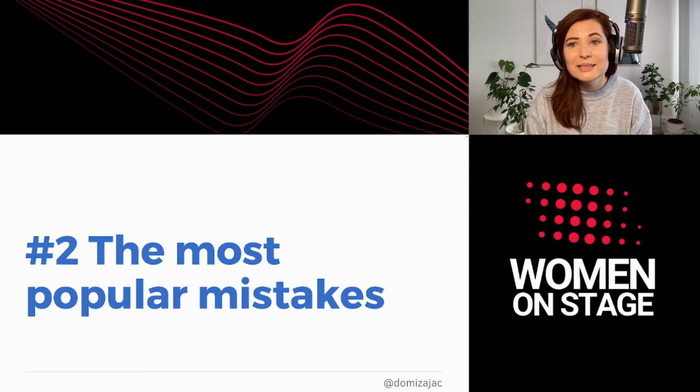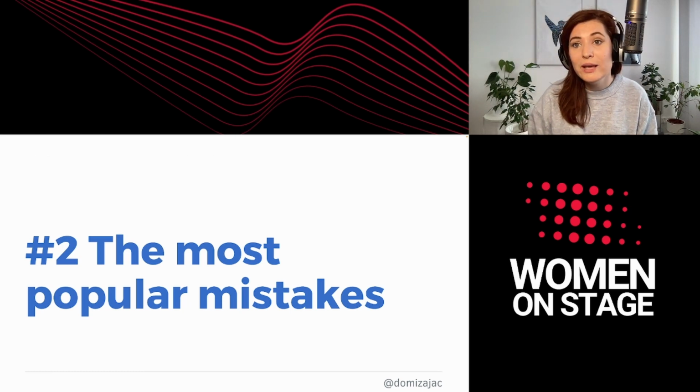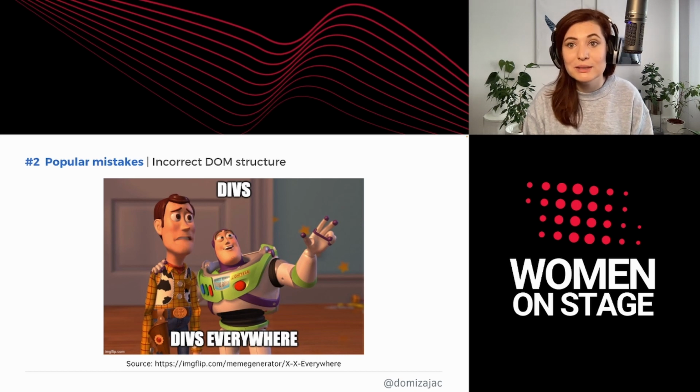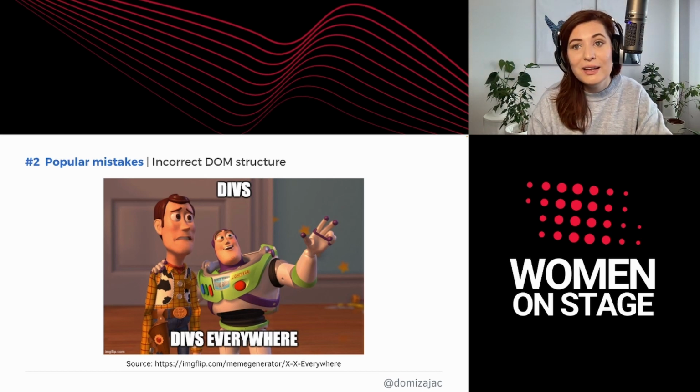But now, let's talk about problems we've seen performing those experiments, and of course, how to fix them. First of all, incorrect DOM structure. We have many amazing HTML elements like buttons, lists, and so on, but still we also have a tendency to create divs, style them as, for example, a button, and add some JavaScript to have them work. Why is that problematic?